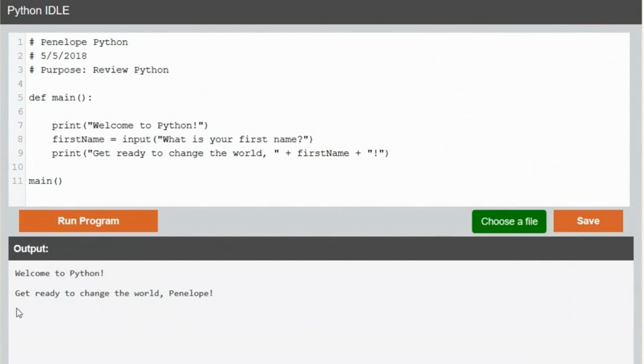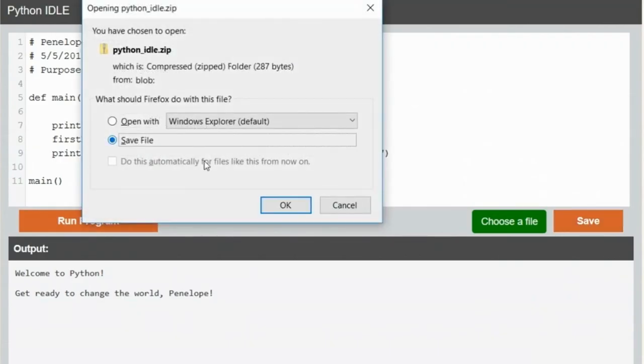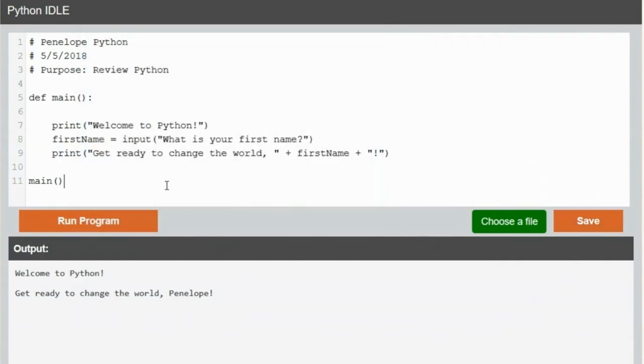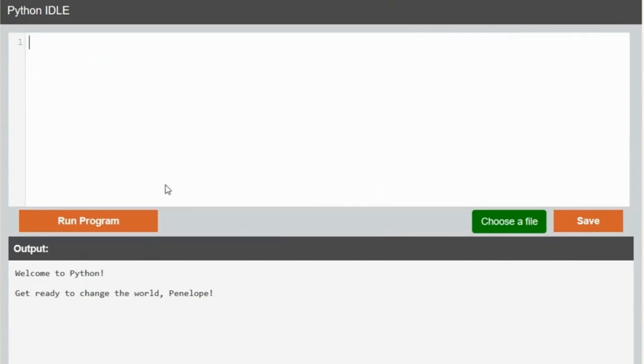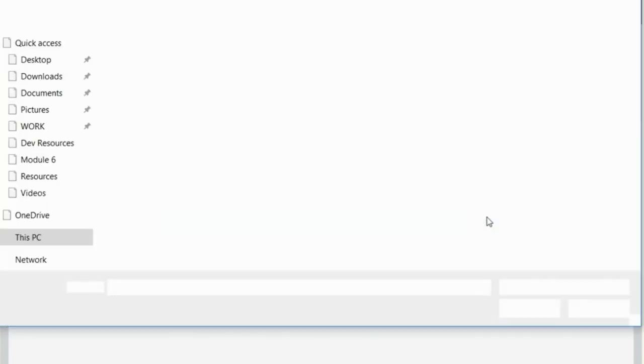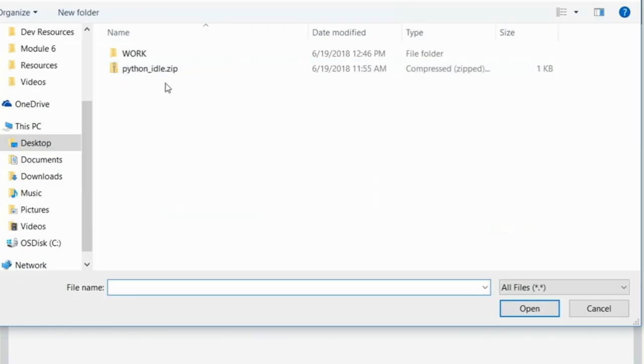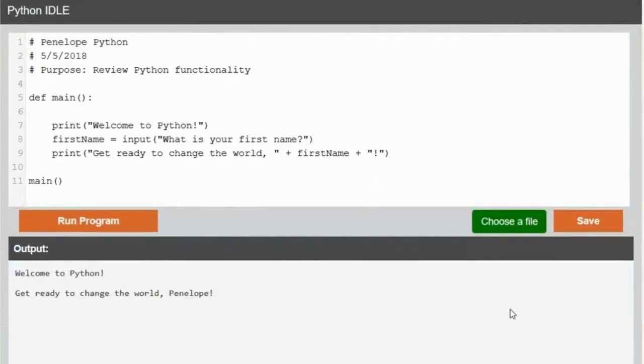When you're finished, select the Save button to save your program to your computer's hard drive. To double check your work, select the Choose a File button. Then, select your saved work. Notice that your program was saved as a compressed file. Select it and the in-course IDLE will open your program.